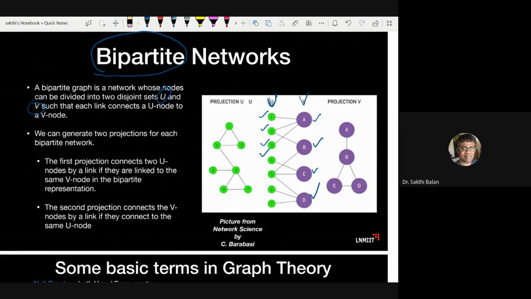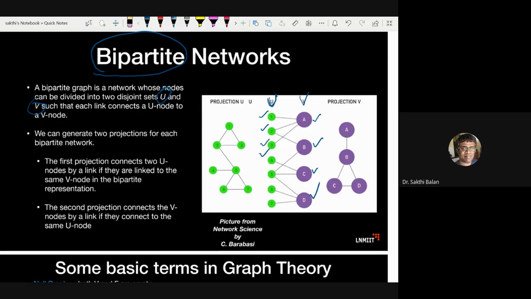So that is very important. It is a particular case of a network in which I can partition the vertex set into two, U and V, in such a way that every edge of that graph joins one node from U and another node in V. Okay, so that is the important thing that you need to keep in your mind.